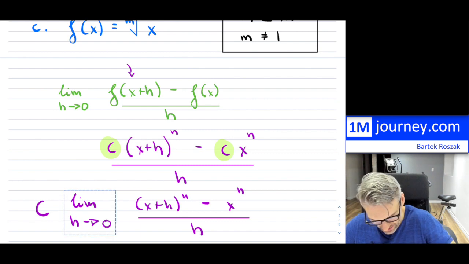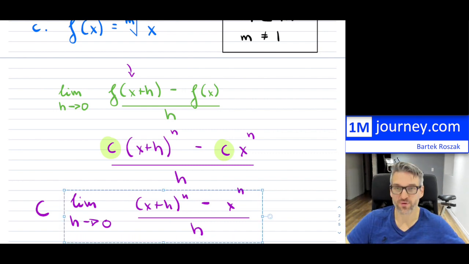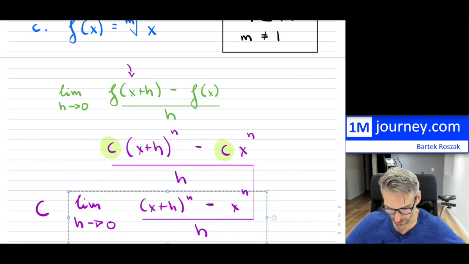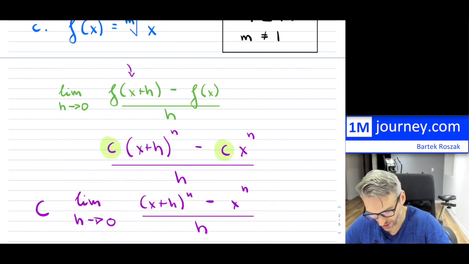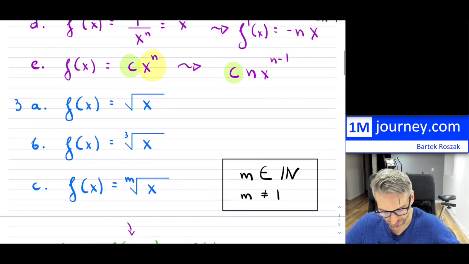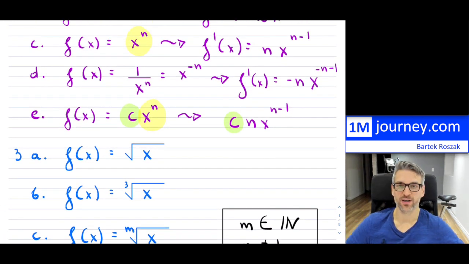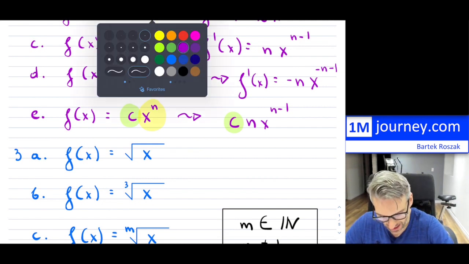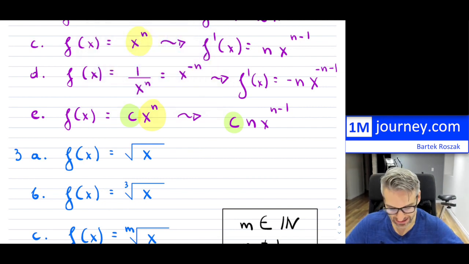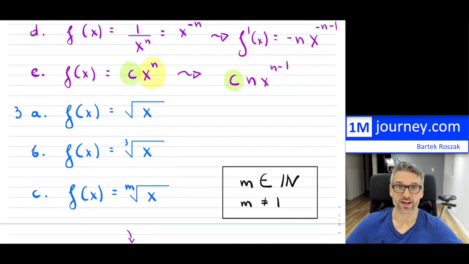And this is just the derivative of the power function with c being multiplied right in front. And that's exactly what we got over here. So we don't touch the constant. So that's pretty cool. Now, what happens in the case where we start dealing with radicals? Does this change in any way?